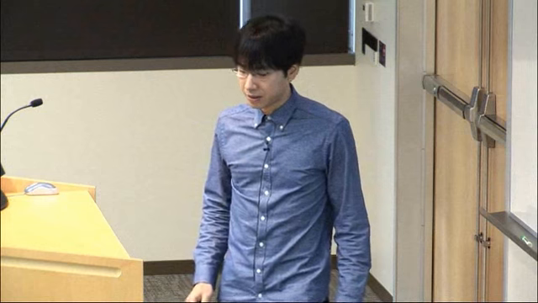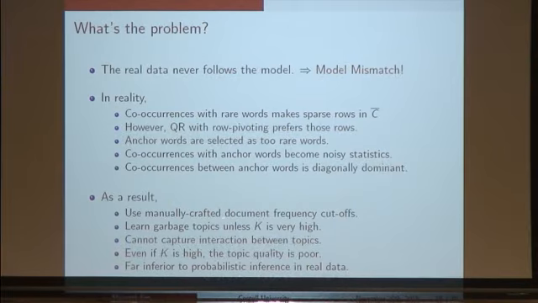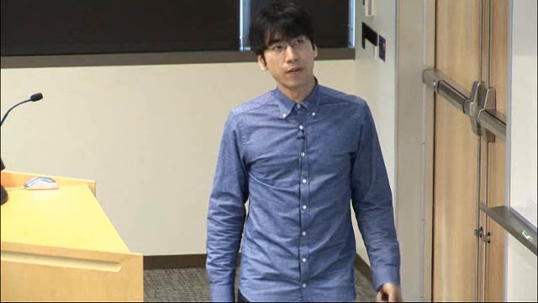As a result, all those previous works usually use a manually crafted document frequency cutoff, which means they set some threshold: in order for a word to be an anchor word, it must occur in at least 5 different documents, 10 different documents, sometimes 100 different documents.